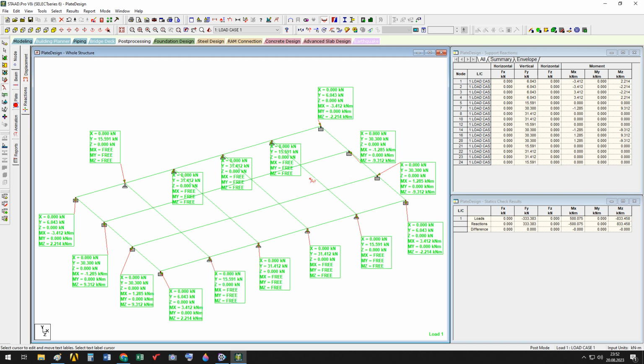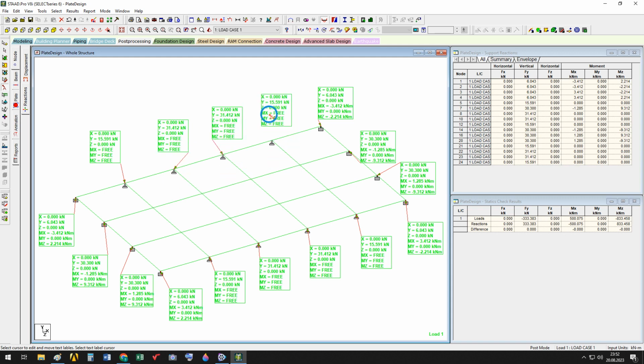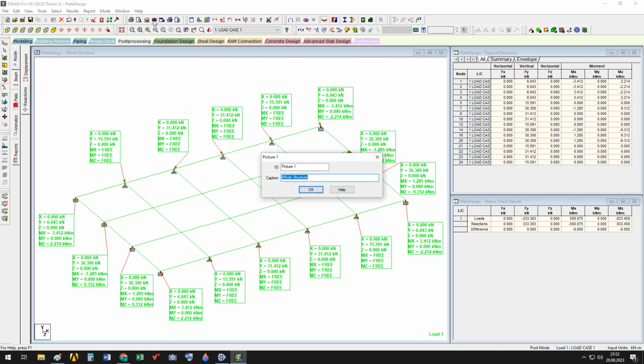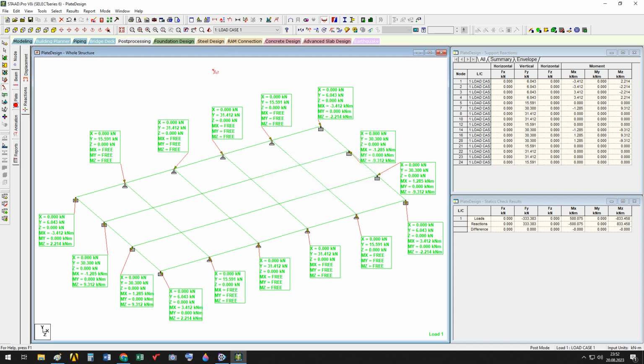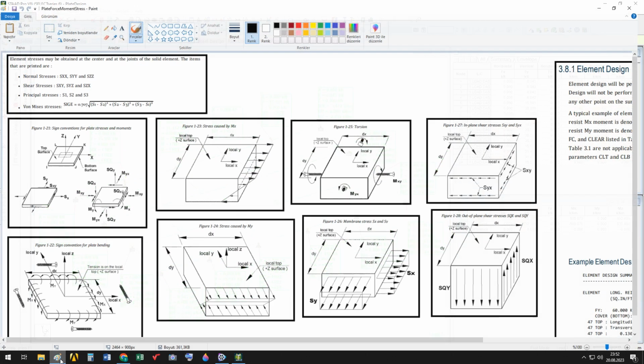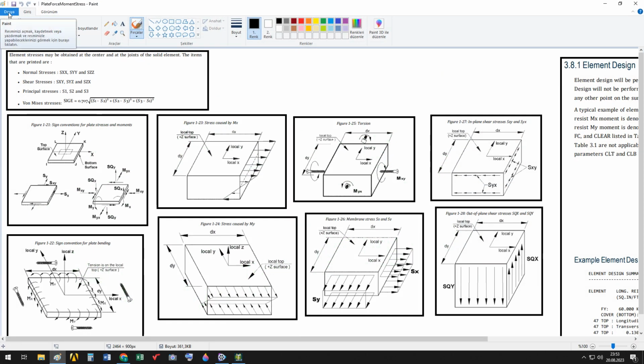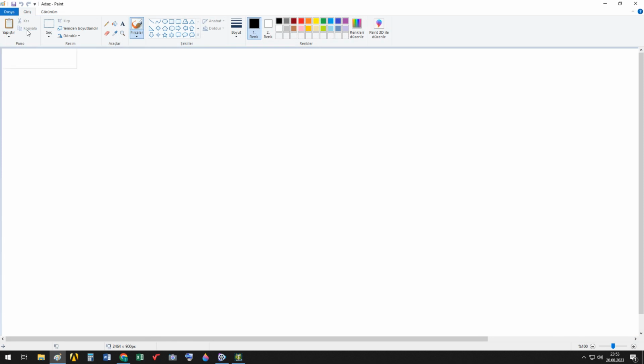and then using print screen on the keyboard we can take pictures to get visual information about the support forces and moments. Or we can take a picture and then copy it.